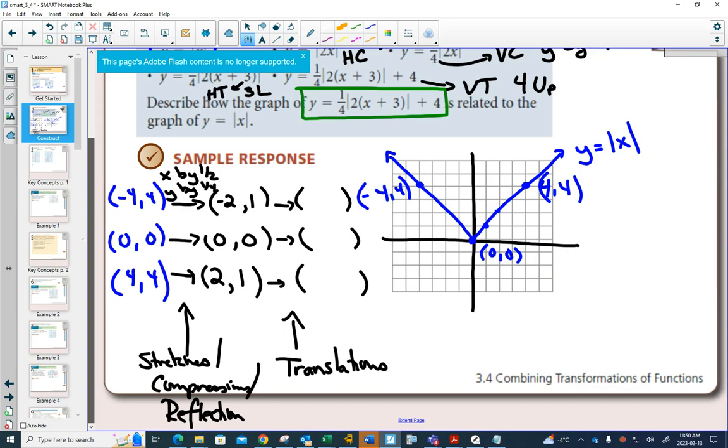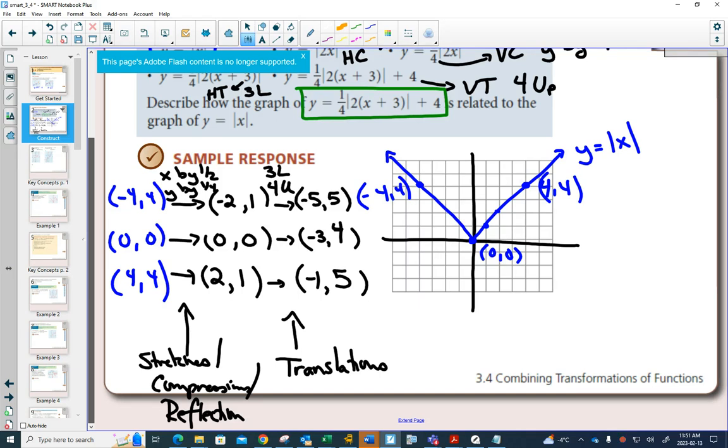Next, we do our translations. So above the arrows here, what are my translations? I need to go 3 to the left and 4 up. So I will write that above the arrow there as well. And then 3 to the left gives me -5, -3, -1. 4 up gives +5, +4, and +5.